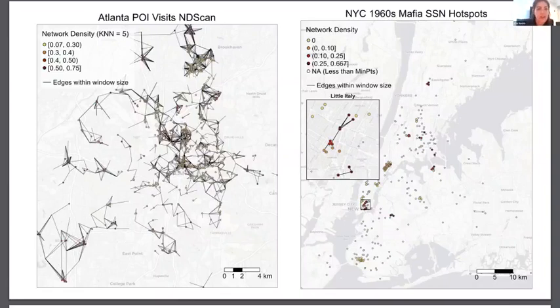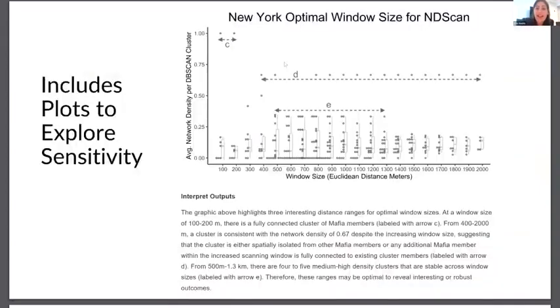And then over in this area where we have a lot of restaurants, and down here, it tends to have a lower network density. So these are a bit sensitive to the number of nodes in your radius, but that happens. Okay, and then there's plots to explore sensitivity here. So you can take a look after you run it in a loop multiple times. You can take a look at how your results are changing based on your moving window size, your focal radius size.